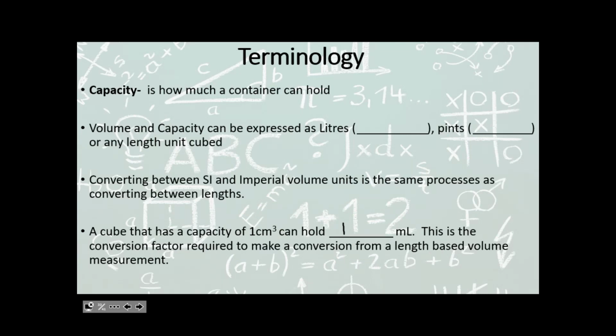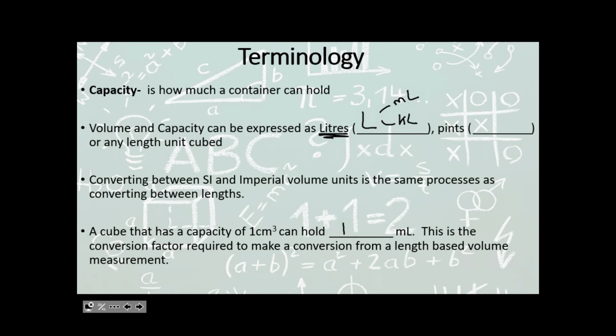Volume and capacity are sometimes used interchangeably, and we can express volume and capacity as liters. Now, liters is kind of a base unit for the metric system for any sort of measurement of volume, and so that's liters represented by an L. But we can also have prefixes in front of that, talking about milliliters or kiloliters or other prefixes.